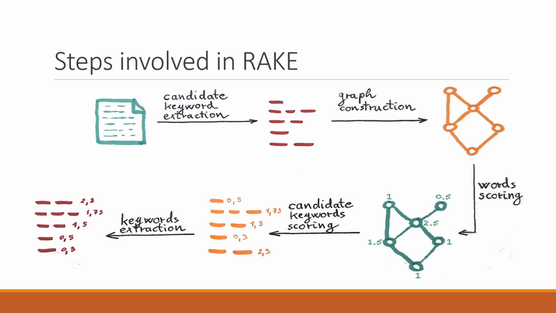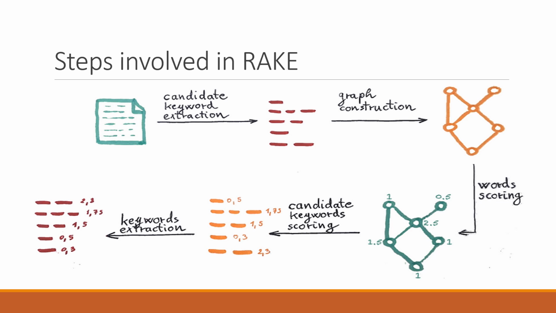Frequency favors words that appear more frequently. Ratio of the degree to frequency: this metric favors words that mainly occur in longer candidate keywords. It is suggested to use either word degree or the ratio of degree to frequency. Of those two, degree will favor shorter keywords.